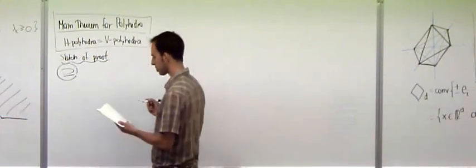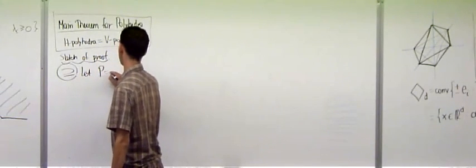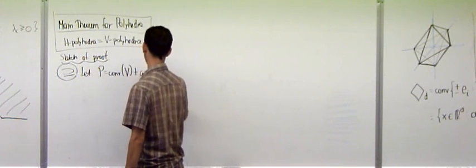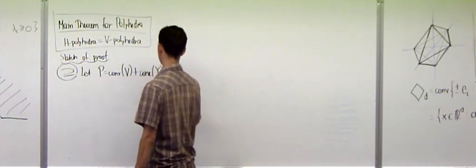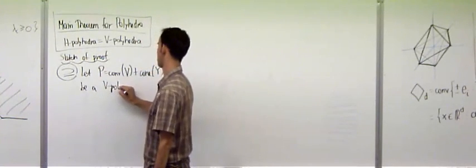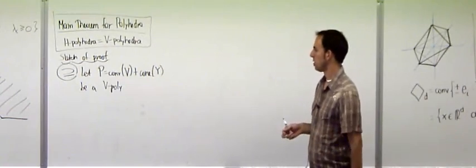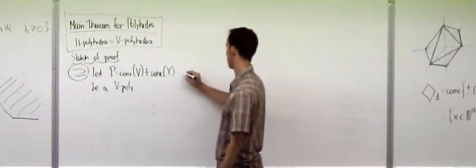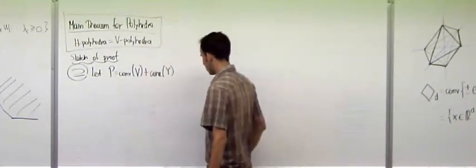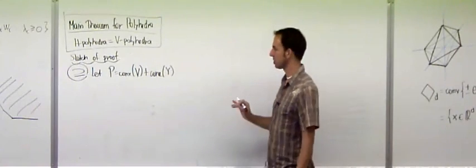Okay. So let's consider any V polyhedron. Okay. So there's my V polyhedron, and what I want to do is describe it in terms of inequalities.